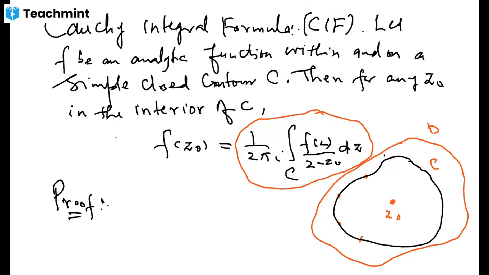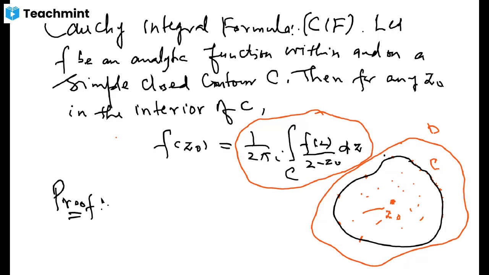So this is a very powerful result: if you know the function, and you know the values of the function on this contour, then with this knowledge you can find the value of the function at all the points inside this contour, and this is given by this formula.